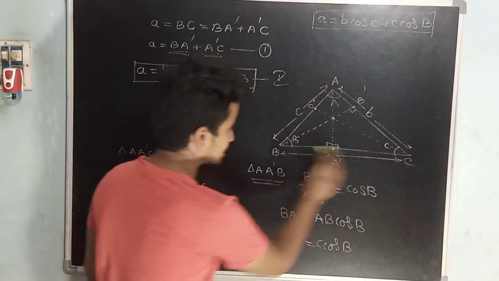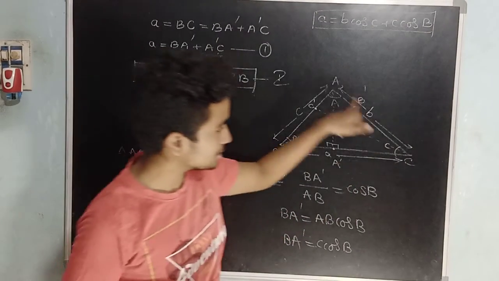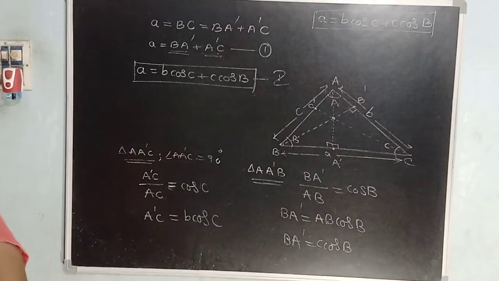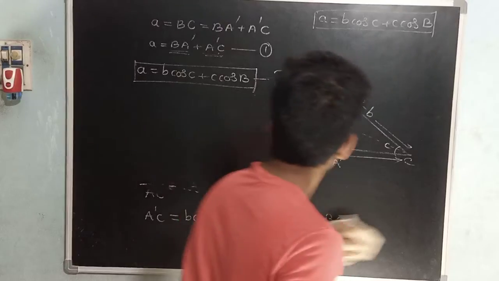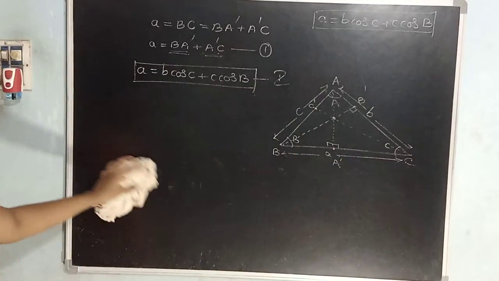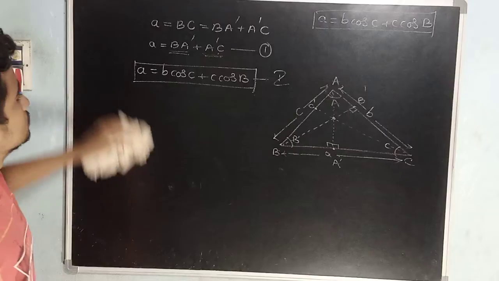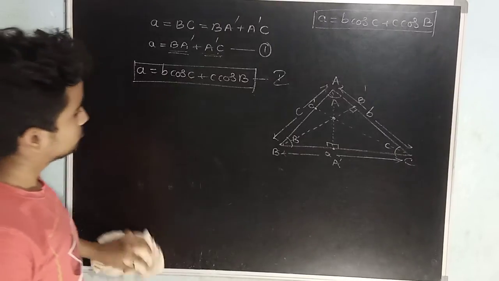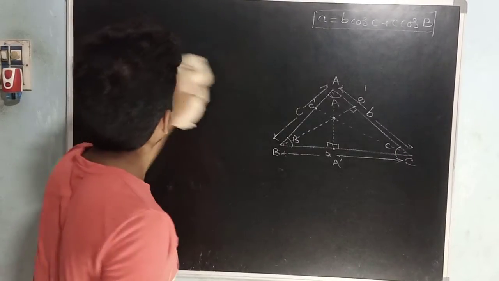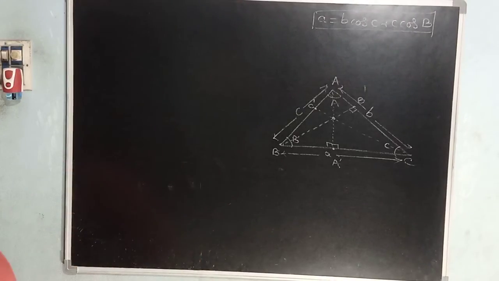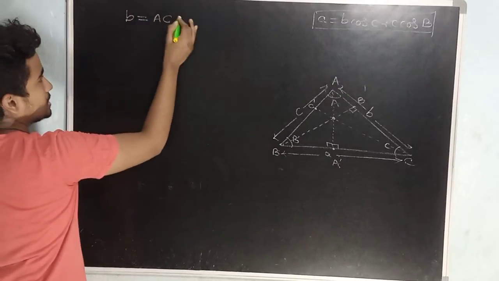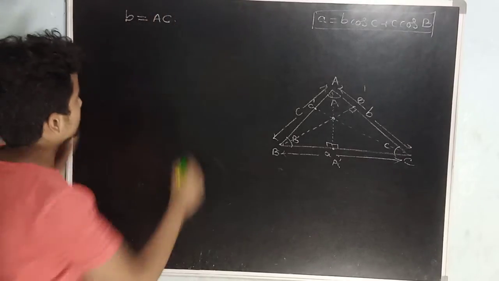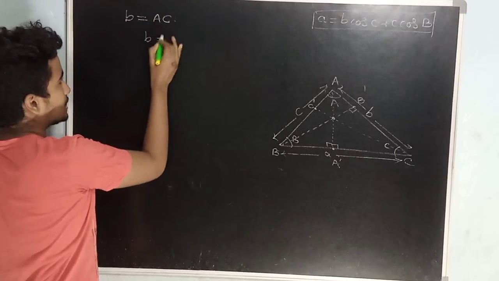Secondly, I have considered this side. Similarly, we will consider the other sides. Now let me consider side b. b is nothing but AC, so b can be written as AC.